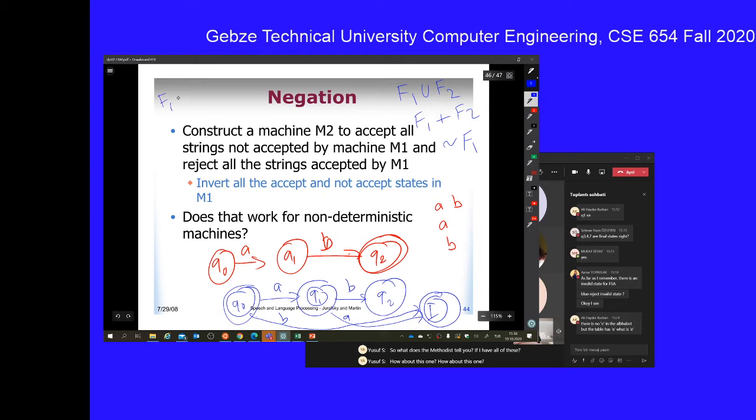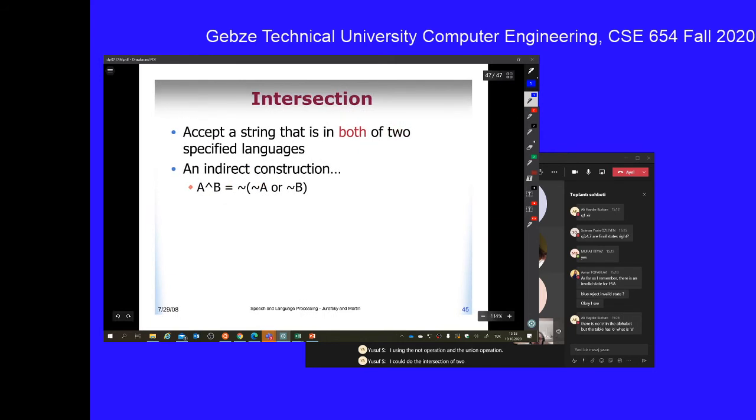F1 union F2. What does this do? It says F1 intersection F2, not, right? So using the not operation and the union operation, I could do the intersection of two finite state automata. Okay, like that.